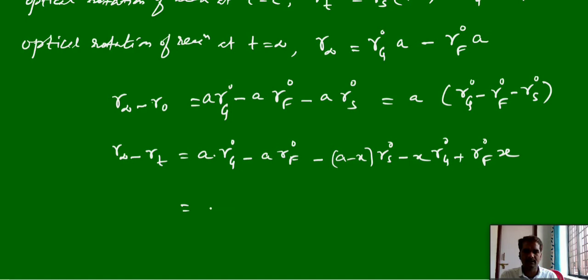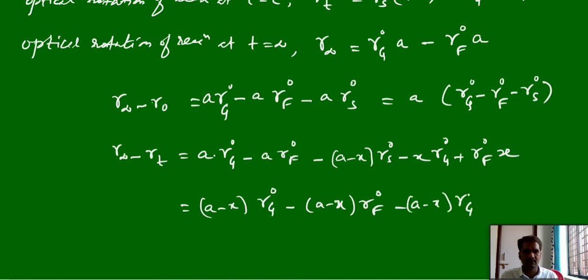You can take from this A minus X, R G naught and minus of A minus X, R F naught. You can take minus of A minus X common out, and this is as usual A minus X times the specific rotation of sucrose.